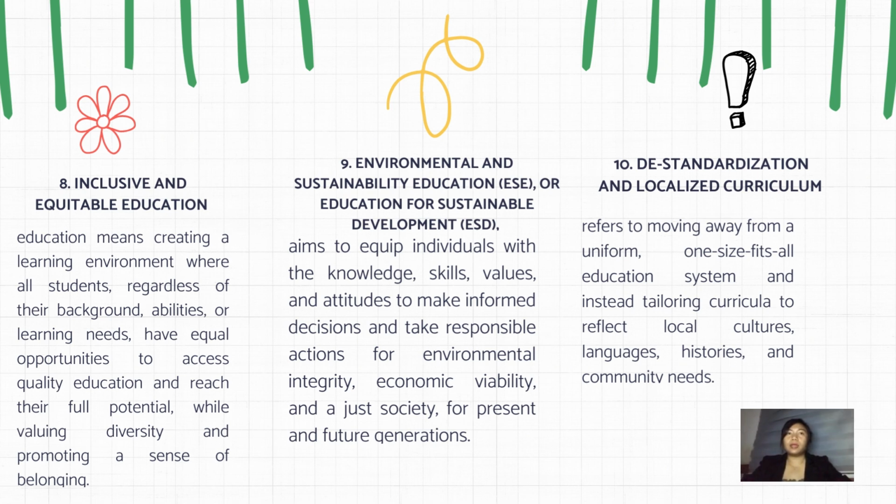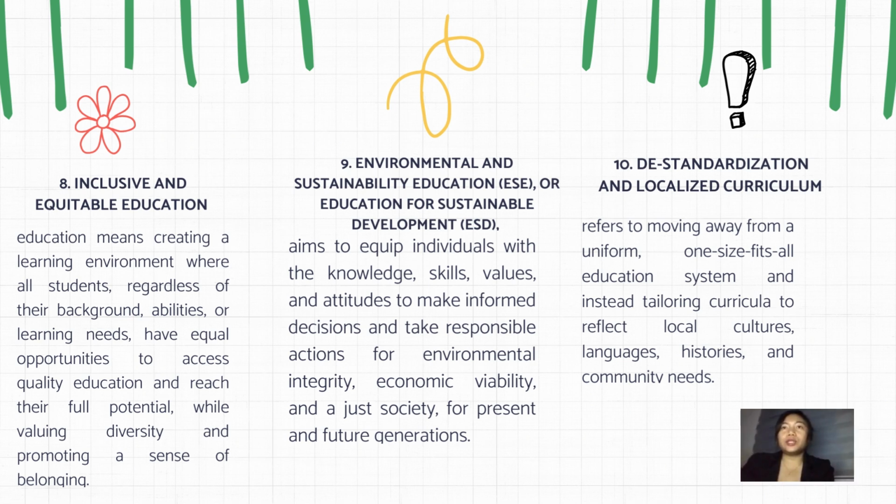Next is inclusive and equitable education. It means creating a learning environment where all students, regardless of their background, abilities, and learning needs, have equal opportunities to access quality education and reach their full potential, while valuing diversity and promoting a sense of belonging.